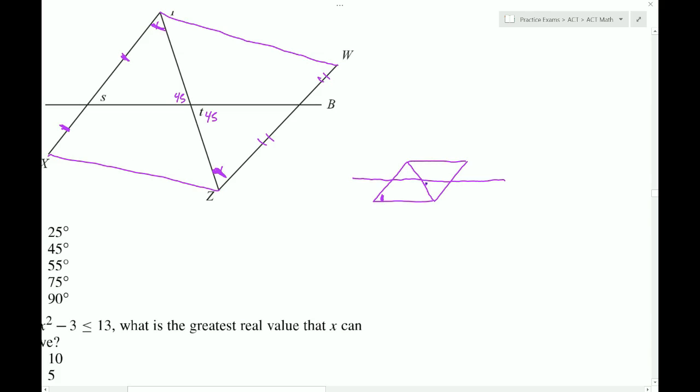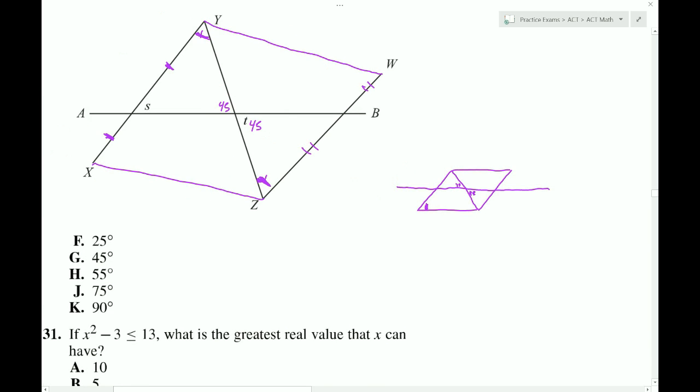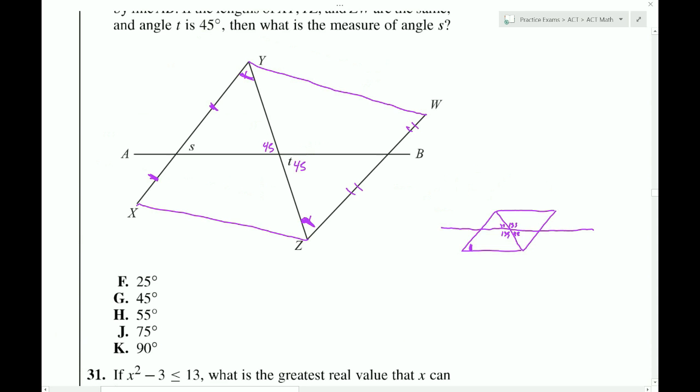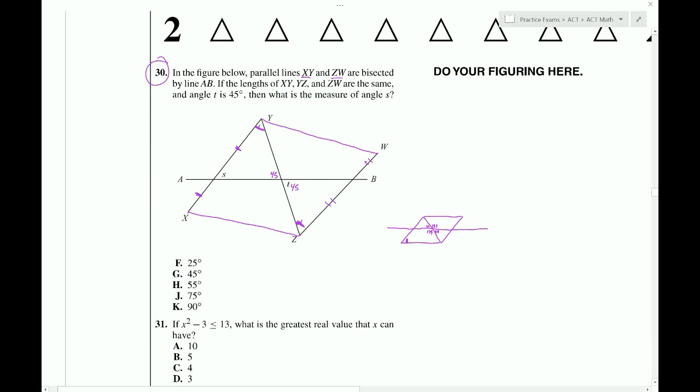We know that this is 45 here and here. So obviously these would be 135, right? What am I missing here? Should we come back to it?